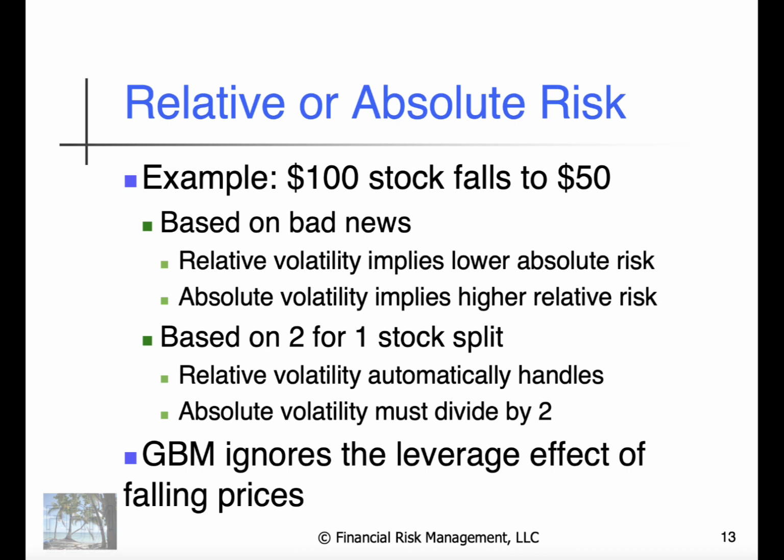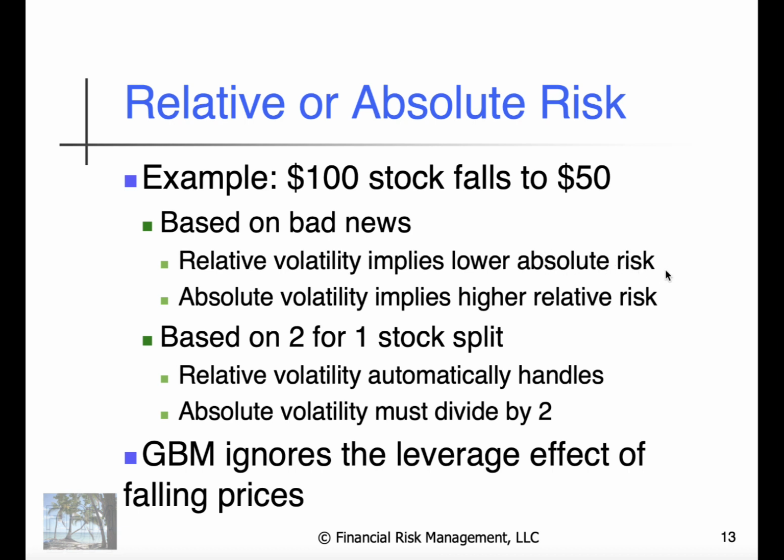To understand whether we should be modeling risk as relative or absolute: relative risk is the GBM-based model, and absolute risk is the ABM-based model. Consider a stock that falls from $100 down to $50. If that fall was based on bad news, the relative volatility of GBM implies lower absolute risk.